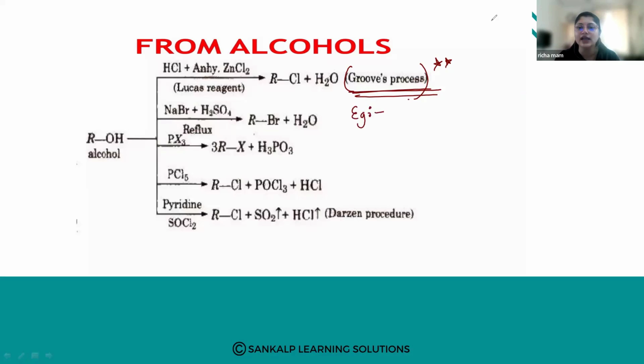Shall I take the alkyl group as ethyl, C2H5? So if I take C2H5OH, alcohol, and react it with HCl in the presence of anhydrous ZnCl2, what will be the product obtained, students?